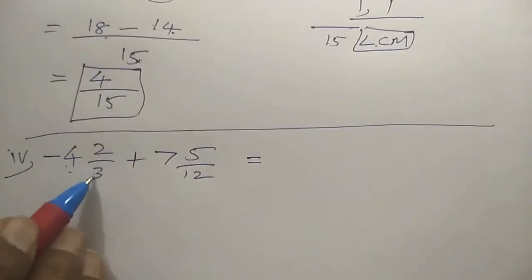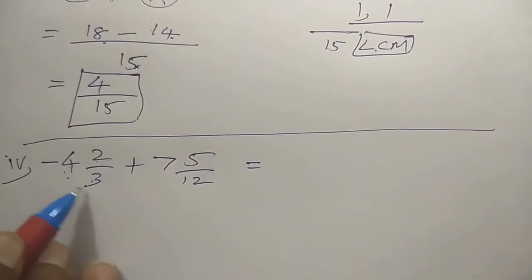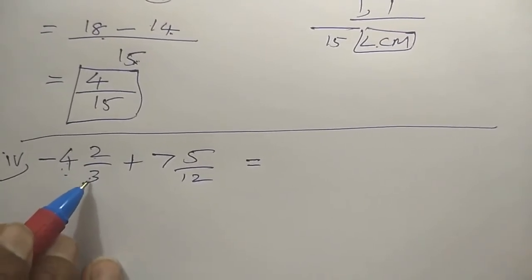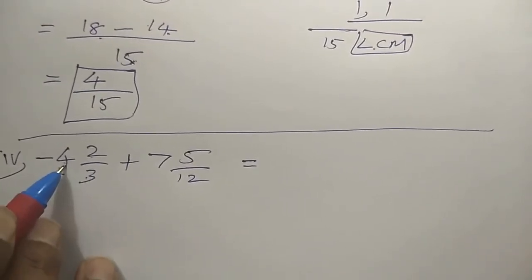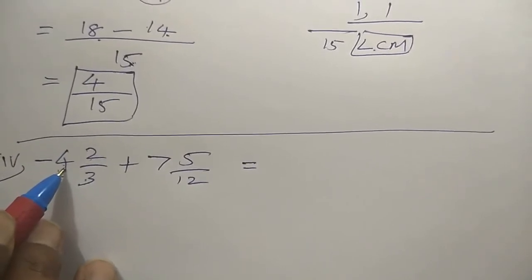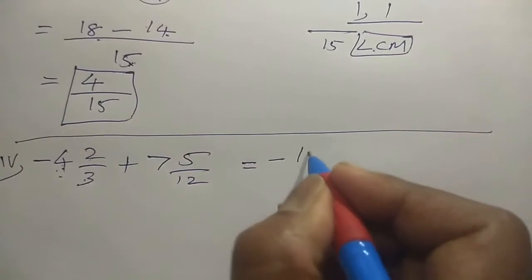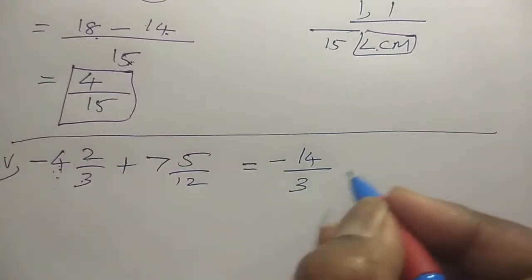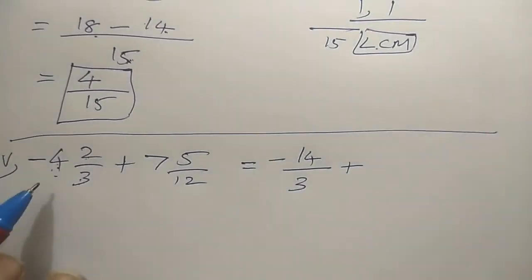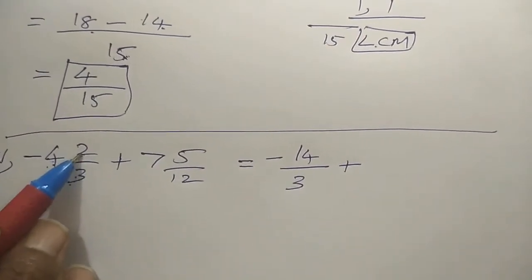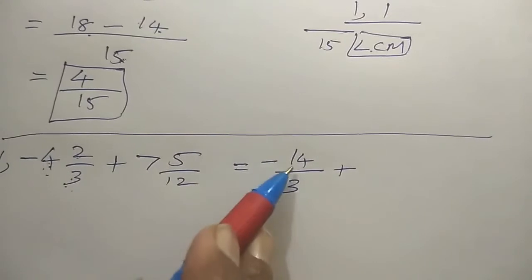So 4 2 by 3 is the mixed fraction, correct? If you want to change into a fraction, just we multiply this one. 4 3s are 12. Yes, 12 plus 2 is equal to 14. So the answer here is minus 14 by 3 plus. So again I repeat, 4 3s are 12 plus 2 is equal to 14.